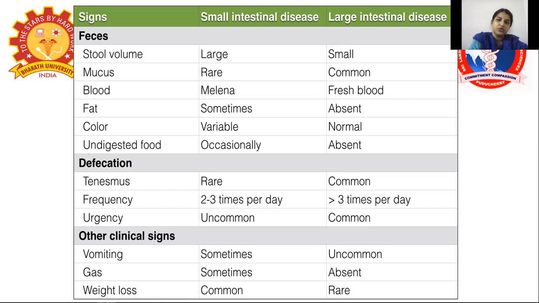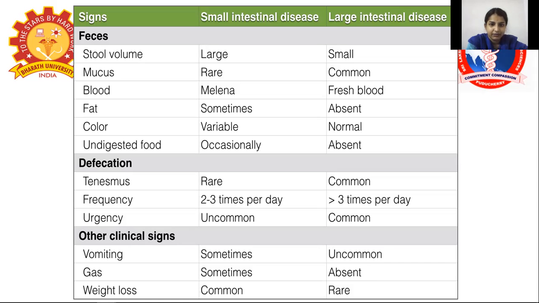So when the pathology is in the large intestine, the loose stools are usually of small quantity. Mucus and fresh blood are common in large intestine diarrhea, and the blood is altered in small intestine disease because the hemoglobin is acted upon by enzymes in the small intestine, so there is only melena and no fresh blood.